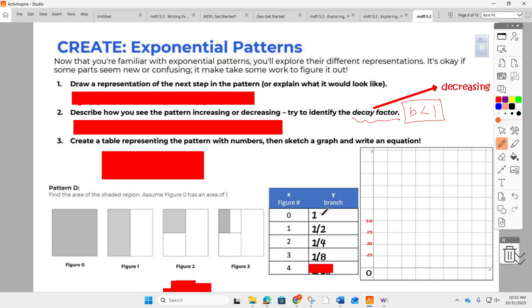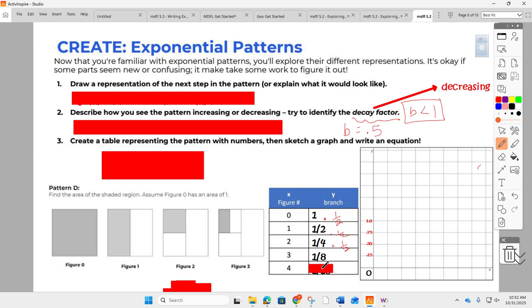We are multiplying still. 1 times 1/2 is 1/2, right? If we multiply 1/2 times 1/2, we would get the 1/4. 1/4 times 1/2, so top times top, bottom times bottom, we get 1/8. So our decay factor is 1/2, or we could use a decimal. Usually we're going to use a decimal here.